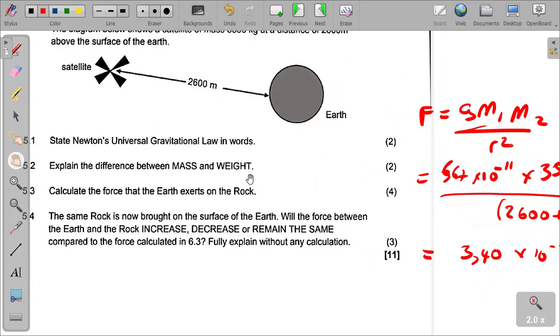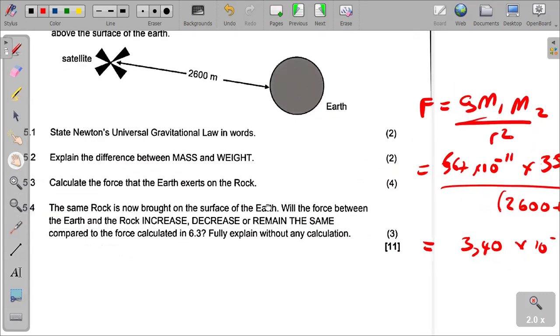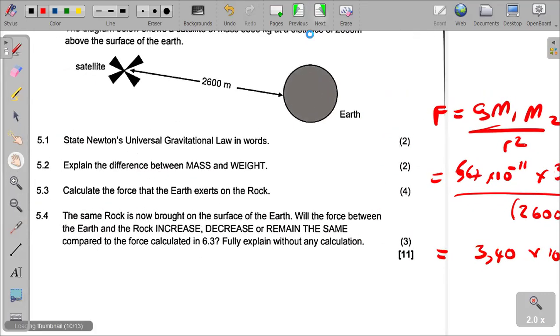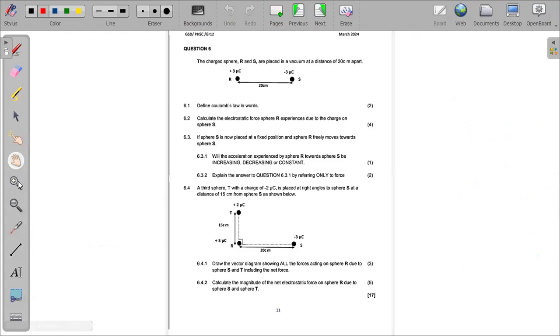It increases because the distance has decreased and the r squared has decreased. Therefore, Fg varies inversely with the distance squared, so it increases. That's 5.4 there. Let's go to question number 6.